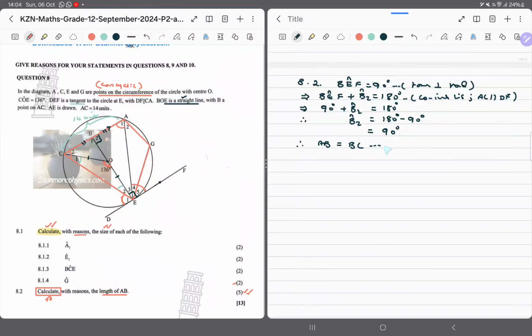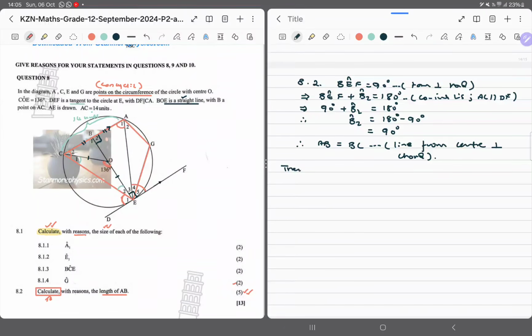Why? We know that this is a line from center perpendicular to chord. It actually bisects the chord. That's beautiful.